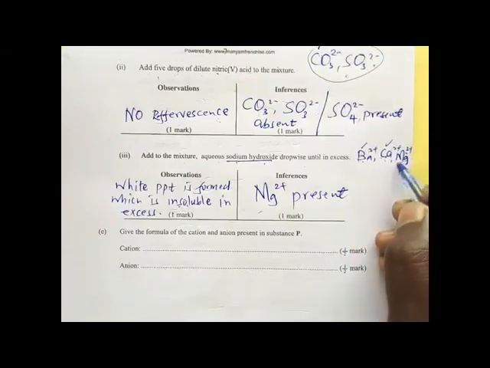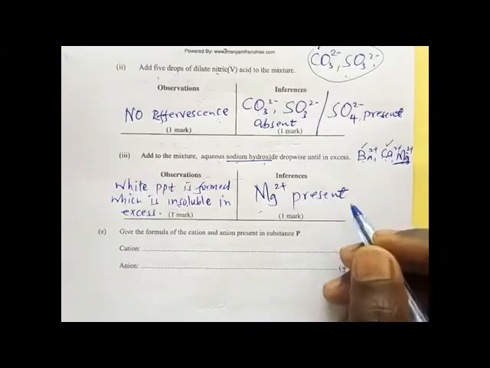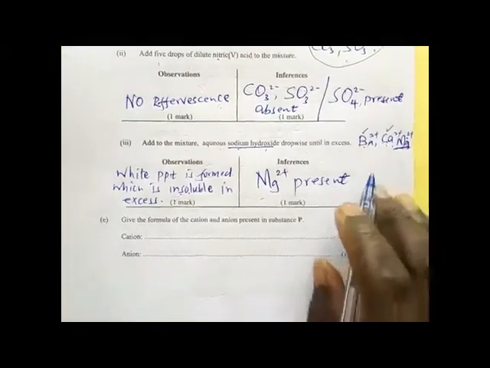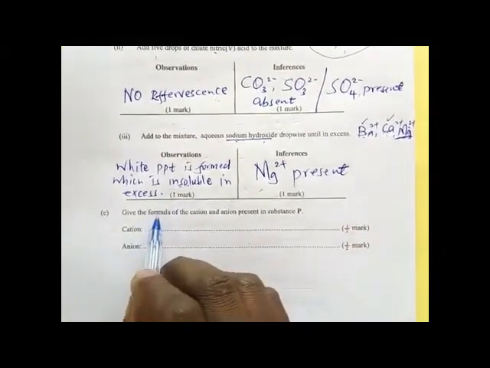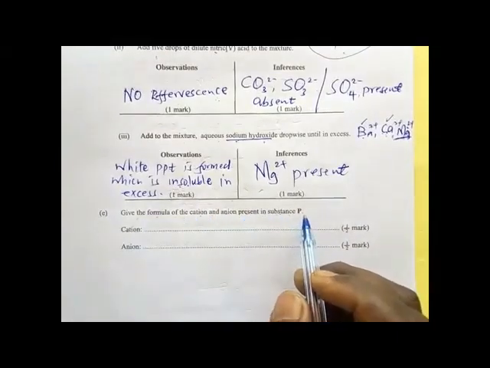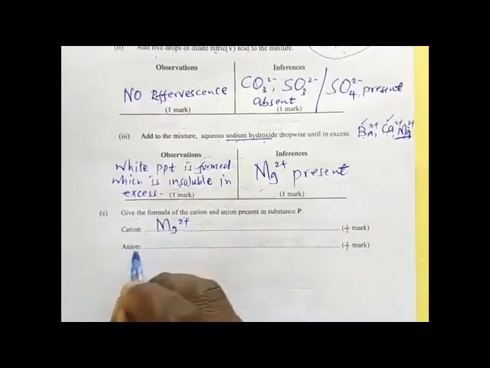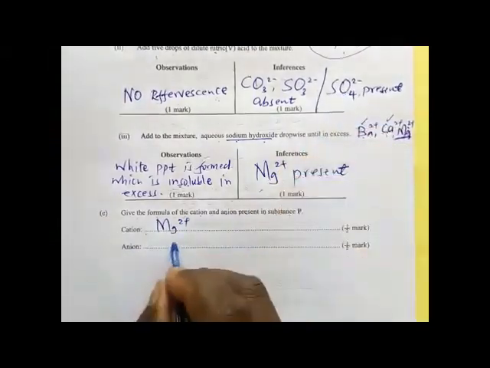So we just take magnesium as the one that is present. Give the formula of the cation and anion present in the substance. So the cation is magnesium and the anion is the sulfate.